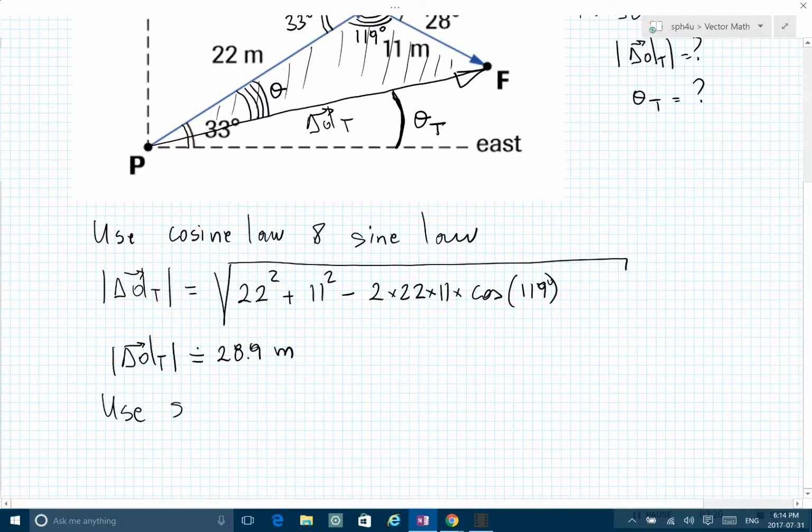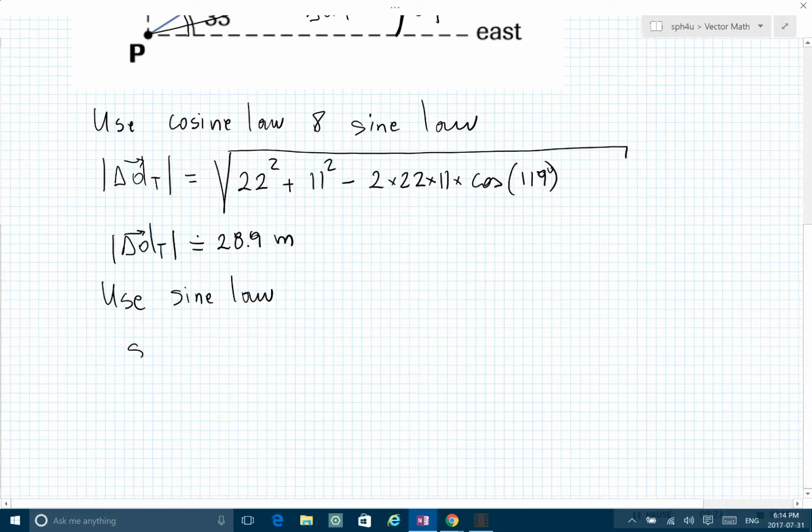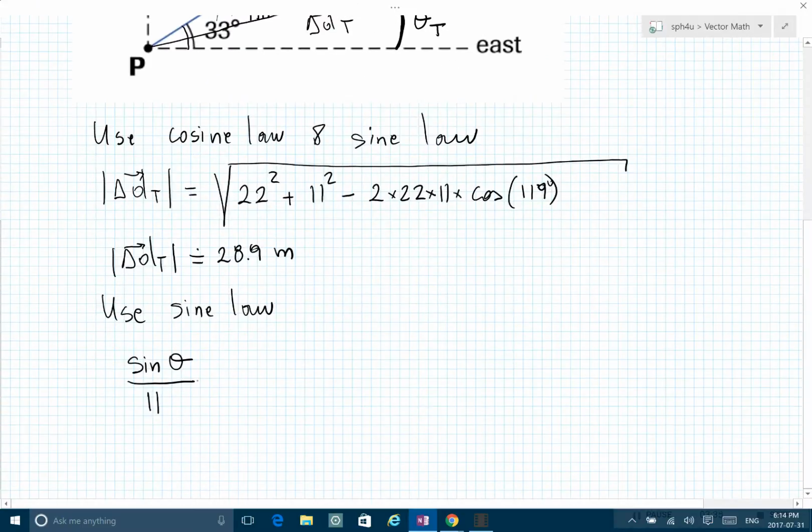We're going to use the sine law. So we have sine theta over the opposite side, which in our case is 11, is equal to sine 119 over the opposite, which is the one that we just found, 28.9.